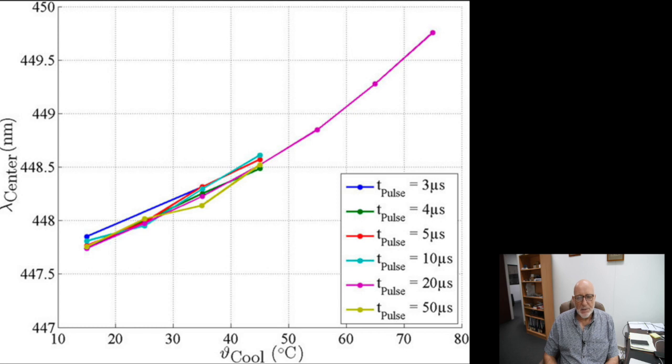This study is using pulse, or PWM, pulse width modulation, to power the LED. T-pulse is the time of the pulse, and that's shown as various data points of time in microseconds. I'm only focusing on the most revealing data point, the purple line of 20 microseconds.